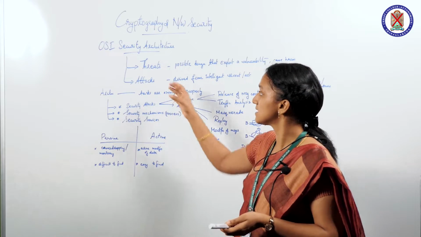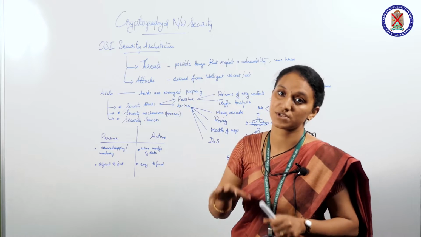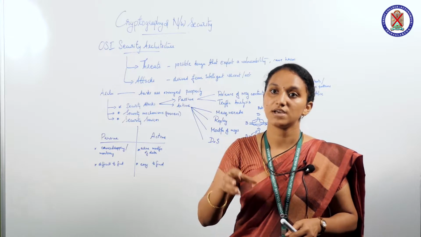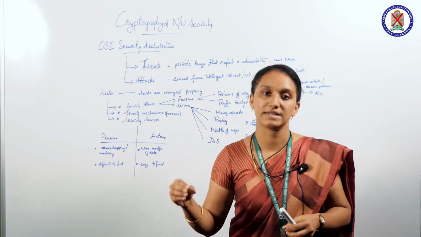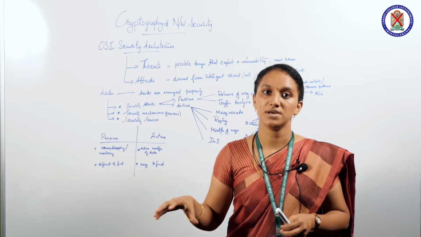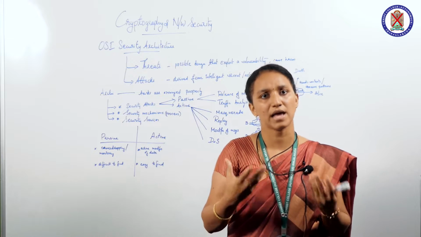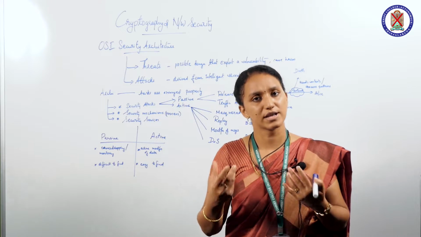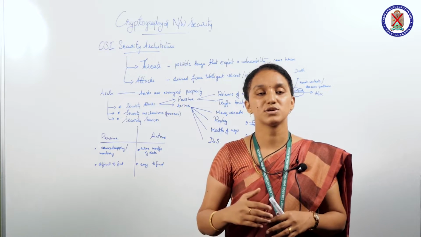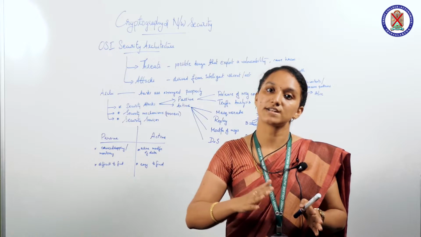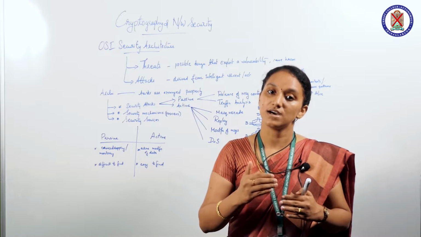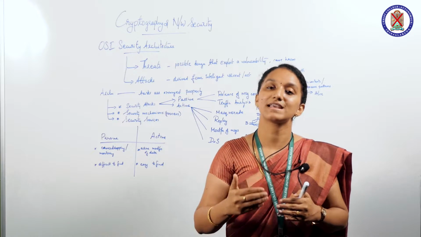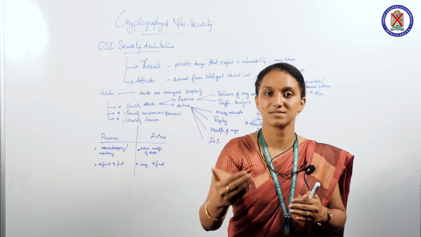Attack is actually a consequence of a threat. It's derived from a threat. An intelligent threat can lead to an attack. So it's actually an action. In the case of threats, it can be an act or a circumstance or an event or something like that. So a threat is a danger that causes violation of vulnerability, and an attack is a consequence of a threat, derived from an intelligent threat.